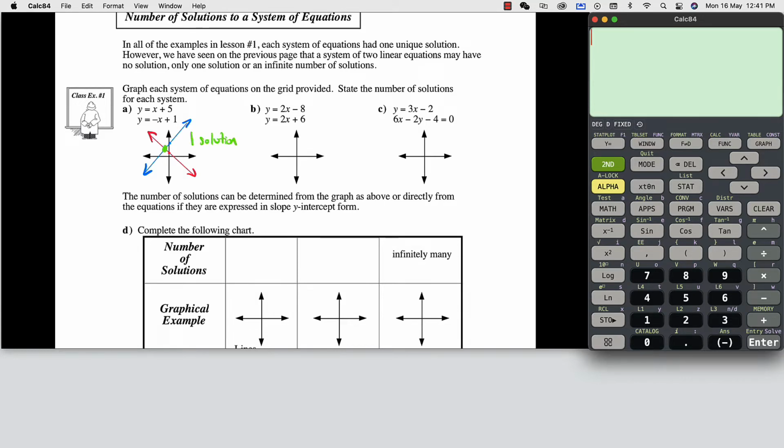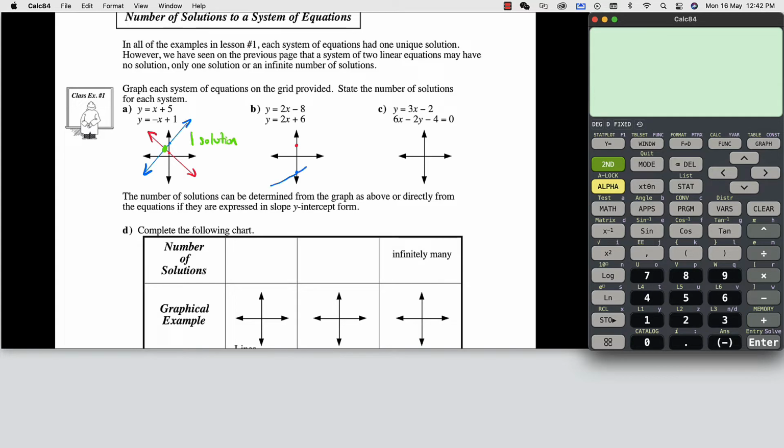Okay, what about the second one? Well, let's analyze this thing. They have the same slope. They both have a slope of 2/1, but different y-intercepts. So one of them will be going through at -8 down here, and one will be going through at +6 right here. They both have positive slopes of 2/1.